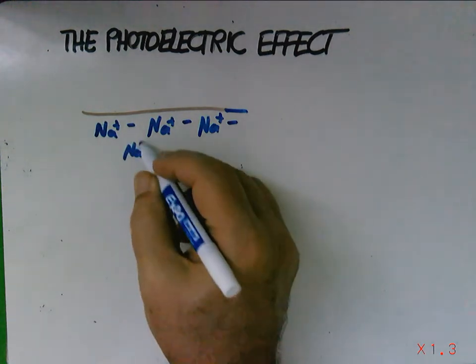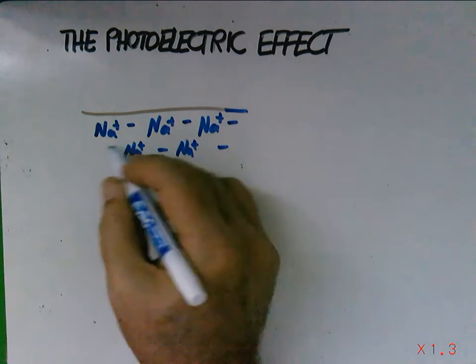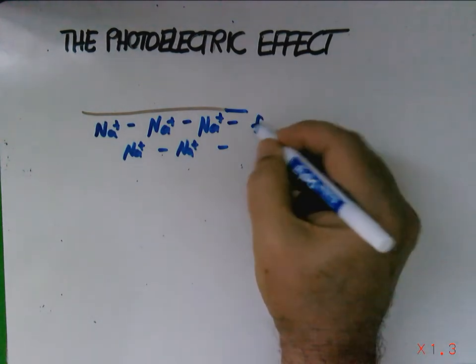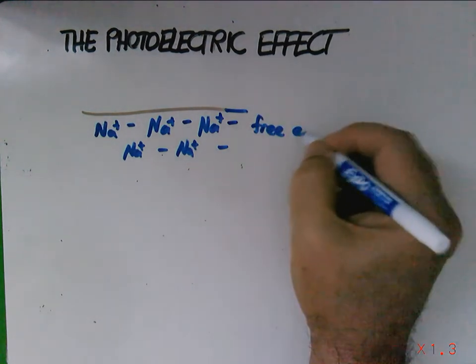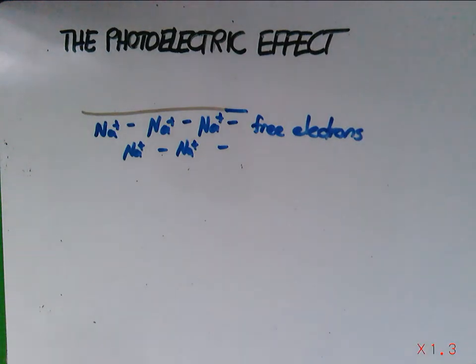So when you have a metal, what you have is a whole bunch of ions, metal ions, that have let go of one of their electrons. Now, those free electrons act like glue. They glue all the ions together. And this model of metals explains a lot of the properties that metals have.